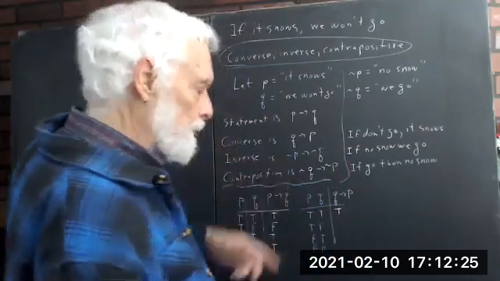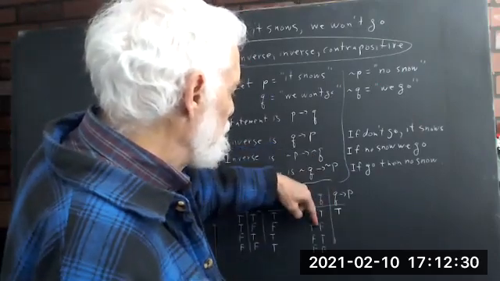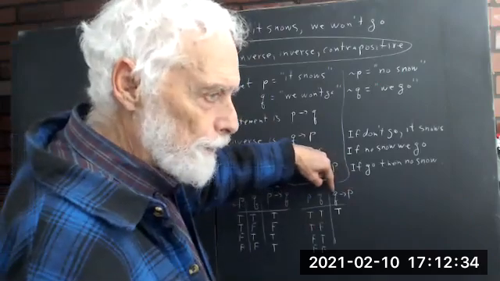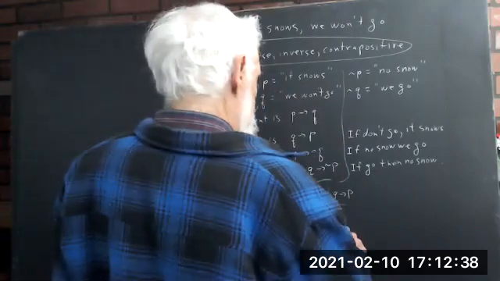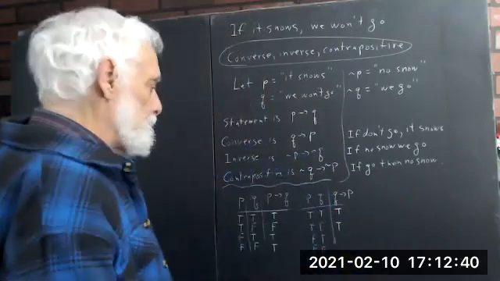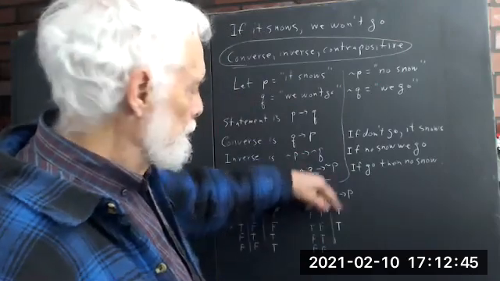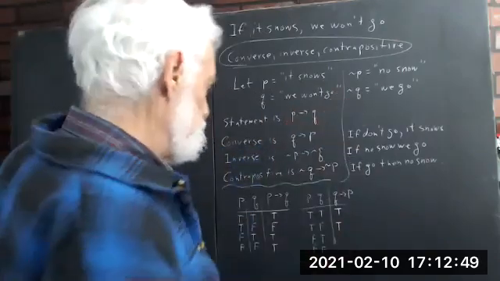Now, you've got to be careful. Q is now false and P is true. So we have something true following from something false. And yeah, that's not a contradiction. That's okay. But now we have where P is false and Q is true. So now you have something false following from something true, and that's what's forbidden.